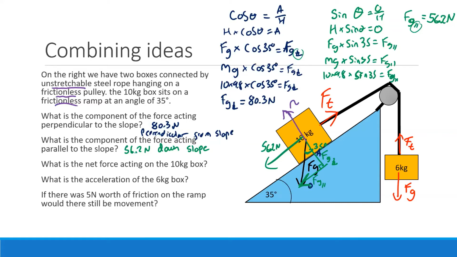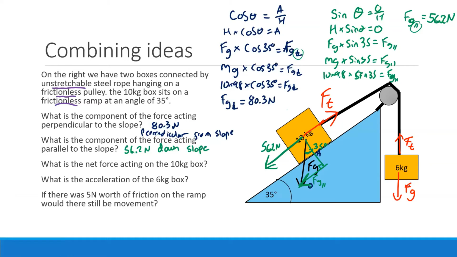We're going to now calculate the net force acting on the block. So we've got 56.2 newtons downwards. Obviously the normal force and the gravitational force are going to cancel, so I'm going to ignore that because it doesn't really matter. What we do care about is this force pulling downwards and this force pulling upwards, this red tension force. But that tension force is caused by the pull downwards by this gravity.